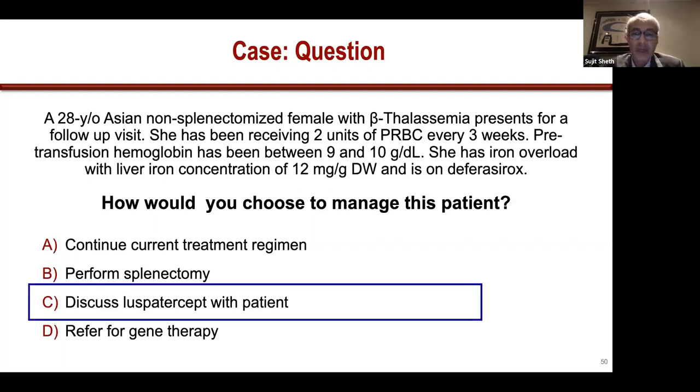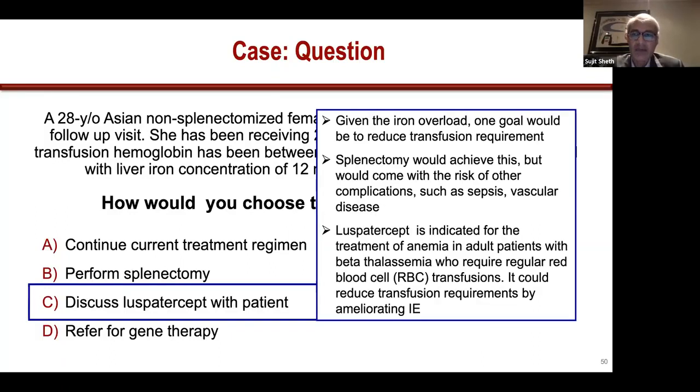And so you can try and reduce her transfusion requirements by thinking about luspatercept and seeing if that would work or not. So I think we talked about all of this. Splenectomy would achieve a reduction in transfusion requirement, but it would come with all those other complications that I mentioned as well. And therefore, you would try luspatercept, which is indicated for the treatment of anemia in adult patients with beta thalassemia who require regular blood transfusion.